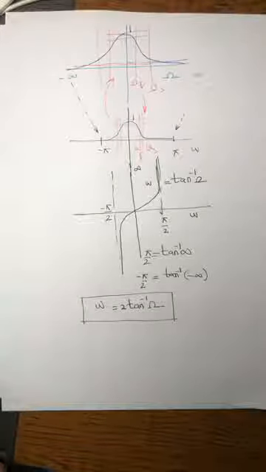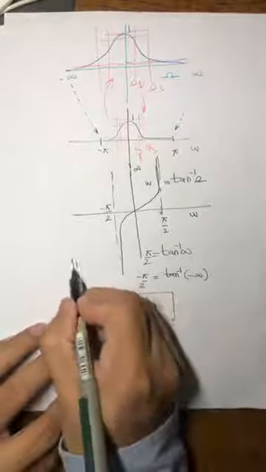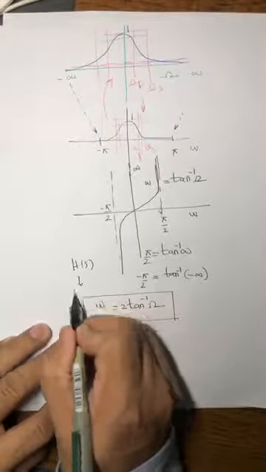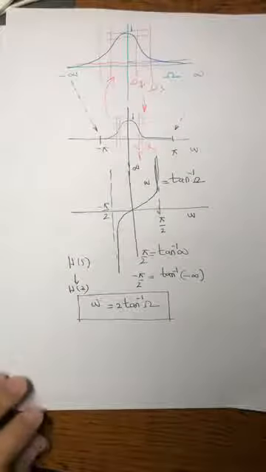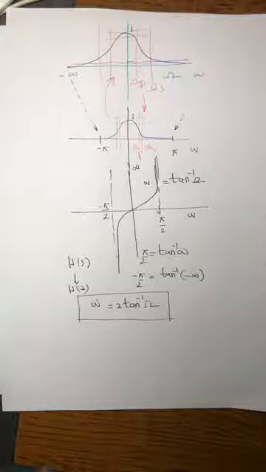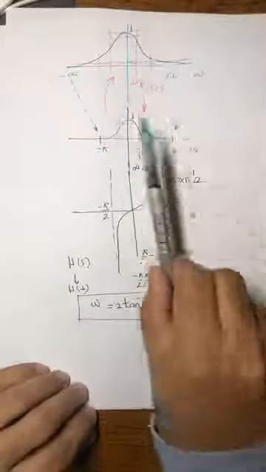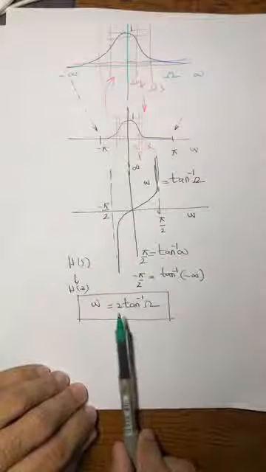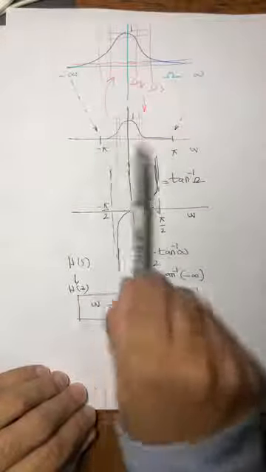But still I'm clueless. There is a function, but I have an h of s. How can I convert this into h of z? Yes, good function. It converts my capital omega into small omega, and it fits the whole frequency response from minus infinity to infinity into minus pi to pi.